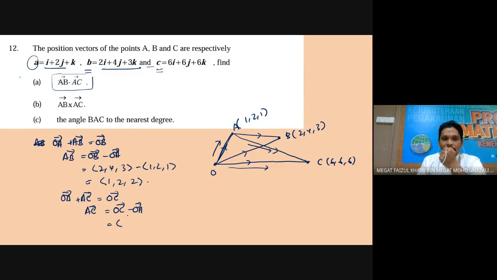OC, referring to the question, is 6, 6, and 6, minus OA, which is 1, 2, and 1. So now 6 minus 1 equals 5, 6 minus 2 equals 4, 6 minus 1 equals 5.